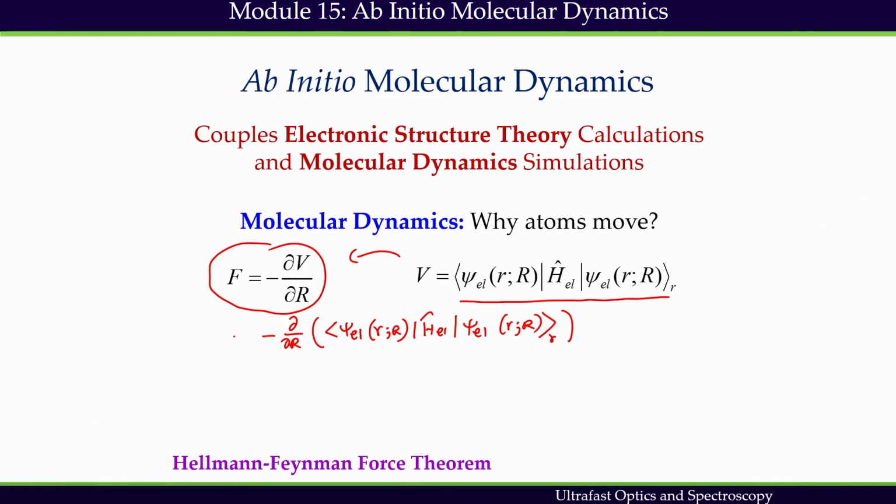If we take this first derivative, that's the force, then we can write it as follows: minus psi electronic R, with R as a parametric dependence, then the first derivative of the Hamiltonian, then psi electronic R. This is one derivative.